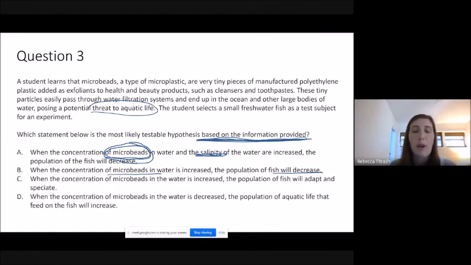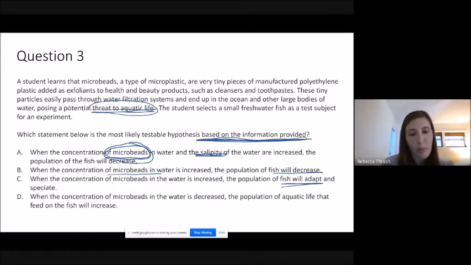When the concentration of microbeads in the water is increased, the population of fish will adapt and speciate. That's something that, again, could potentially happen, but is the student really interested in whether or not fish can change over time in multiple different generations, or are we just looking at the potential threat to aquatic life?